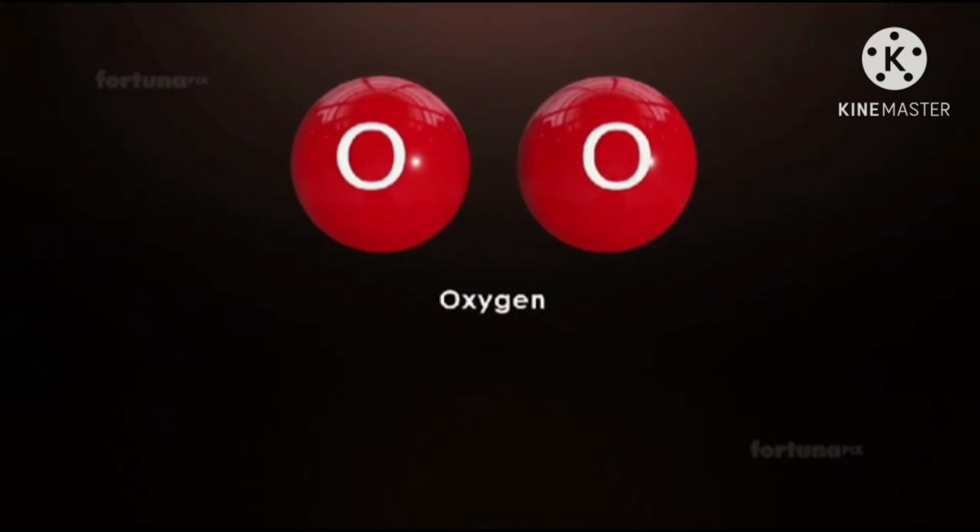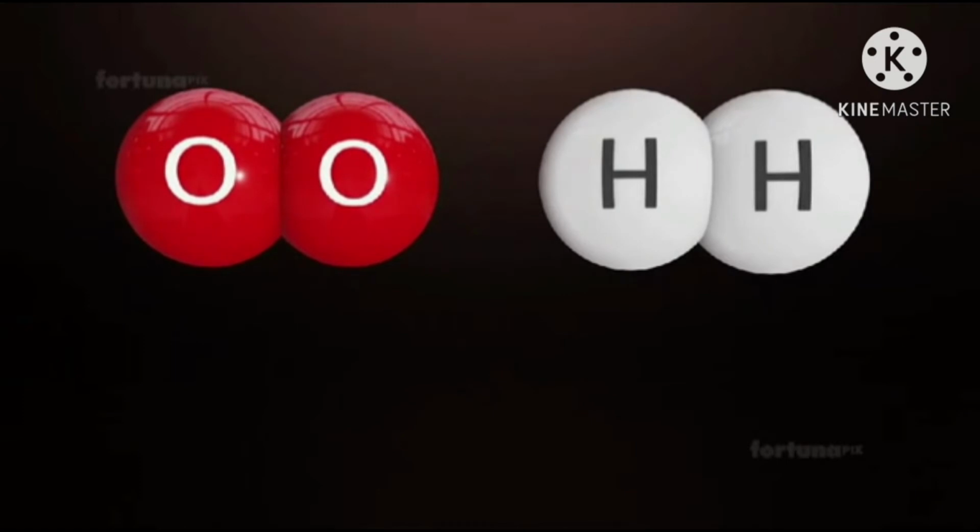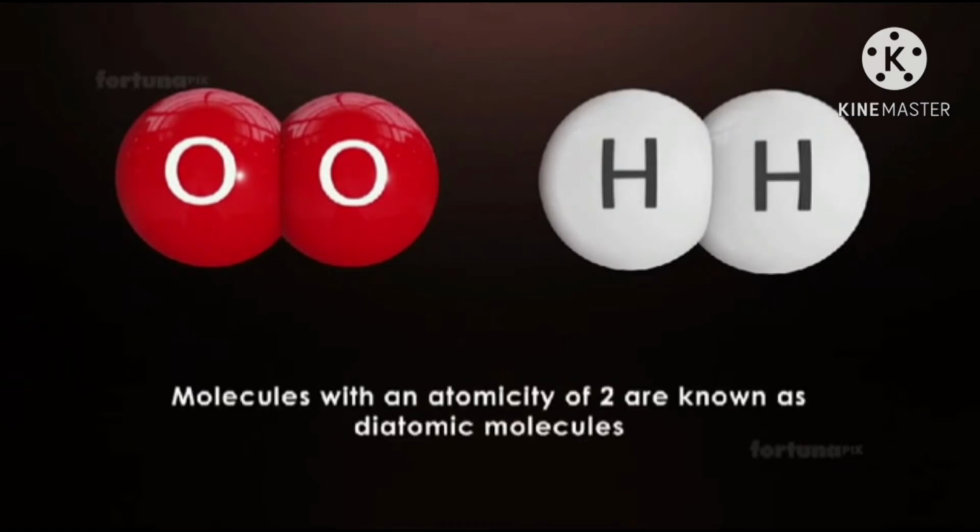Oxygen: there are 2 oxygen atoms present in an oxygen molecule and the formula is O2. The atomicity of oxygen is 2. So oxygen and hydrogen molecules contain 2 atoms. Molecules with an atomicity of 2 are known as diatomic molecules.